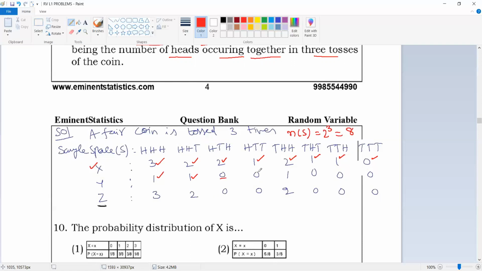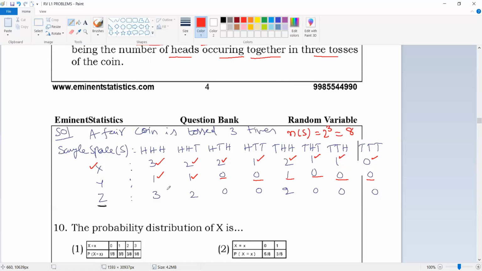So 0 head runs. The same is 0 head runs. Here is 1 head run. Here 0 head runs, 0 head runs, 0 head runs. So to count the head runs means at least 2 heads consecutively occurring. That is called 1 head run out of the 3 coins tossed.